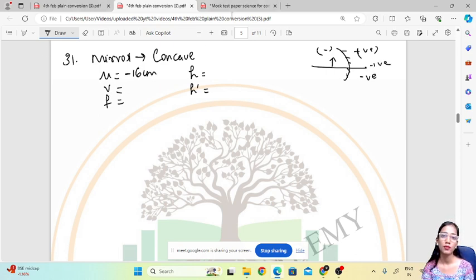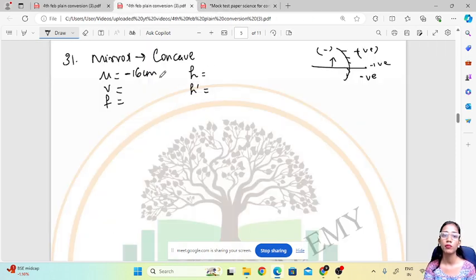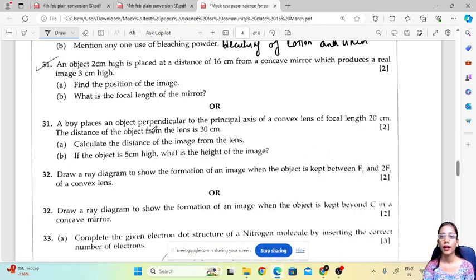Then this is minus 16. Object 2 cm high, so this is the height of the object, that is h, 2 cm. It produces a real image. It is given over there, it is a real image, right? So real means it is an inverted image.